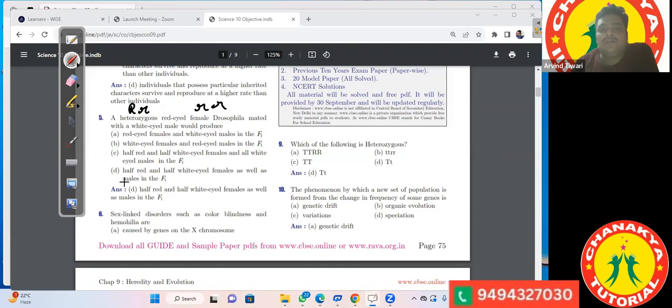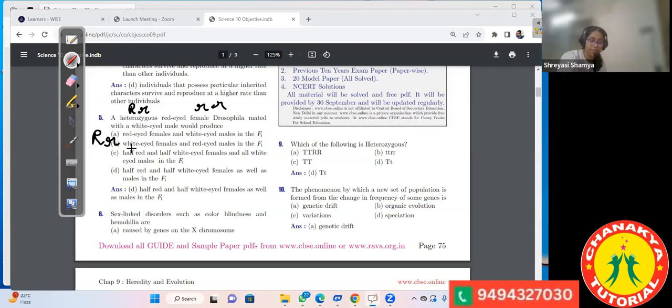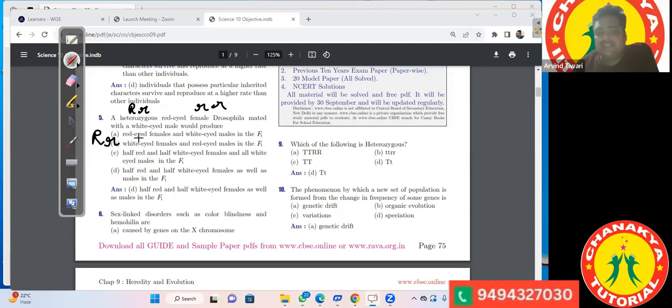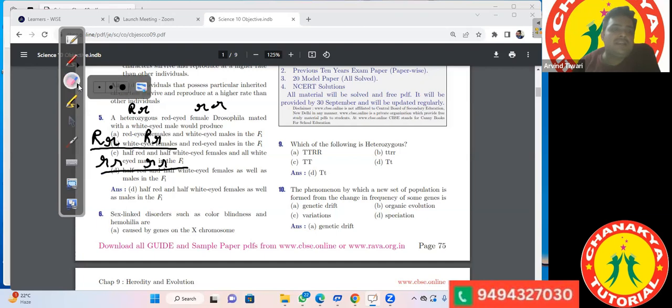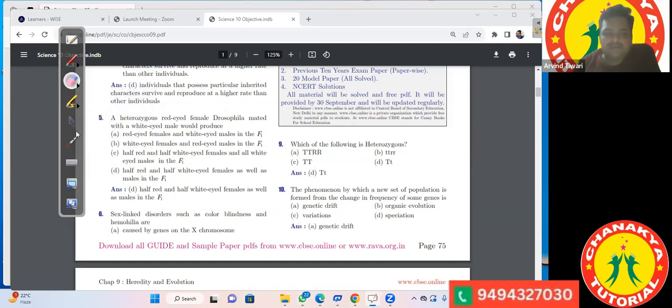If you work out the cross, it will have either capital R or small r, with 50-50 chances. So capital R and small r are possible, and small r and small r are possible. So 2 for this are possible and 2 for this are possible, and hence it will be 50-50%.